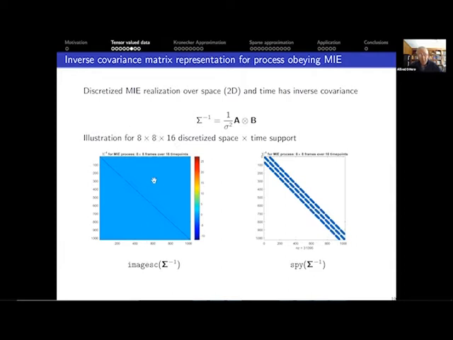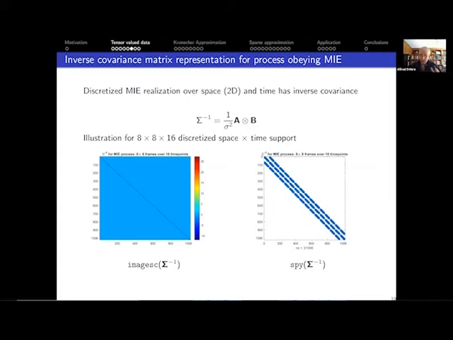And so the inverse covariance is this highly structured pentadiagonal matrix, sparse, most elements are 0, with a well established structure that is inherited directly from the stencil that is associated with the Euler discretization of the MIE, the magnetic induction equation.